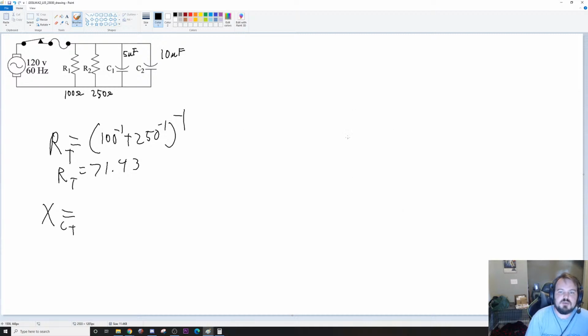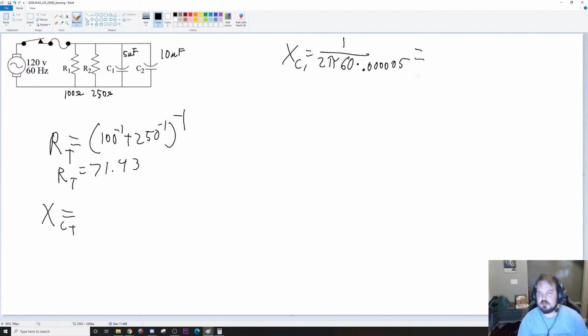You're going to convert both of these individually into X of C. So X of C1 is 1 over 2 pi times 60 times 5 microfarads. That would be 1, 2, 3, 4, 5, and 5. Plug that in the calculator.